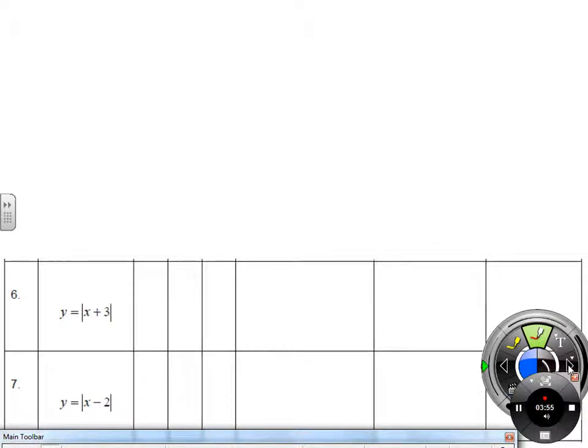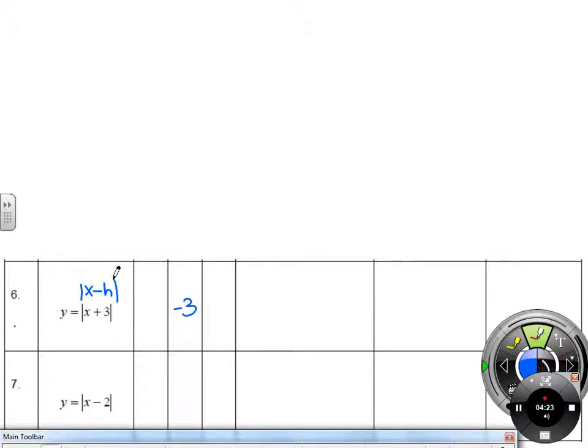Then if we look at the last pair, 6 and 7, what value is changing from the parent function in these graphs? H. Now, what is h in number 6? Good, it's actually -3. So why that is, remember that the formula said inside the absolute value was x minus the h value.